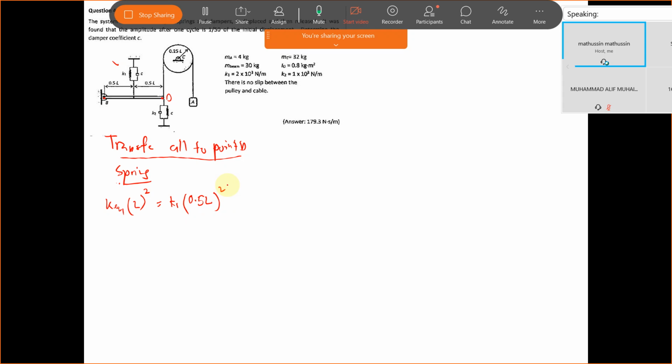Is that clear? 0.1, sorry, 0.5 L squared. Then from here we can find our K equivalent 1, where K is given, isn't it? 2000.